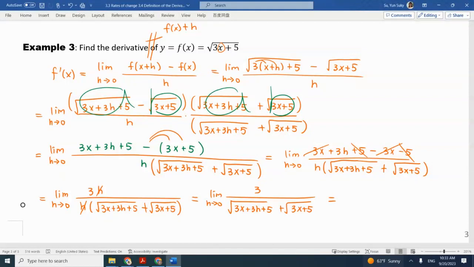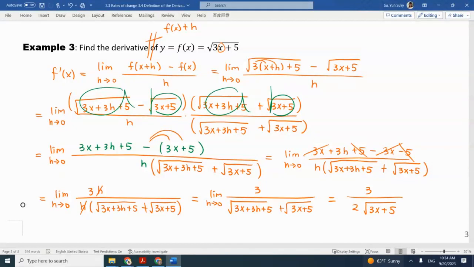Do you see when we plug in h is 0, this term is gone, right? Then do you see this guy and this guy, they are the same? So you can combine them and you say 3 over 2 copies of this. So we have 3 over 2 copies of square root of 3x plus 5. And this is the answer.